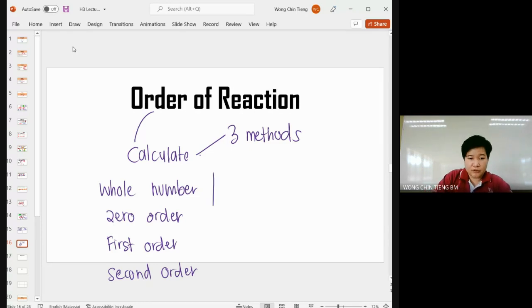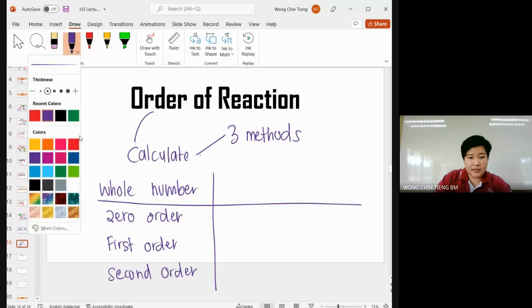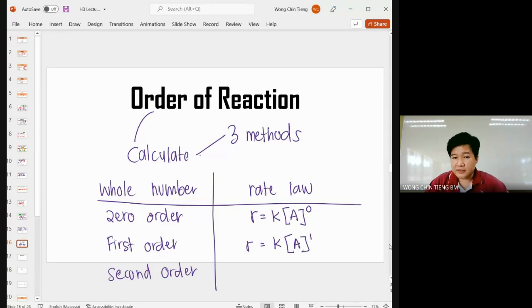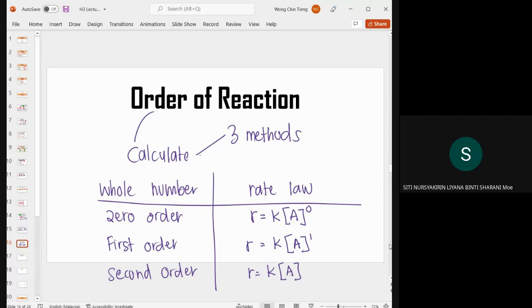Alright, so just nak conclude, kalau yang ni adalah order of reaction dan kalau dia adalah rate law, nak tulis macam mana untuk zero order? R equals to K, concentration of the reactant to the power of 0. Zero order lah. Okay. First order, R equals to K, concentration A to the power of 1. Kalau second order, rasa-rasa kuasa berapa sayang? Kuasa 2.